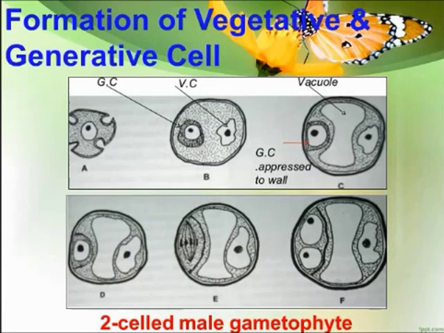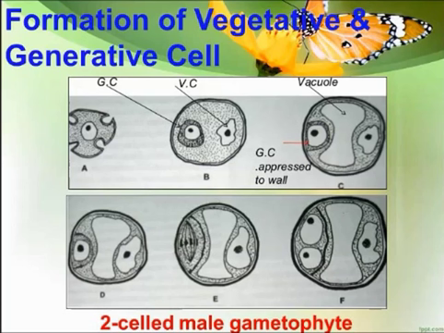After the detailed explanation of the sequential events leading to the formation of vegetative and generative cell, let's take a brief look at the vegetative and generative cell formation. Here, figure A shows the microspore.